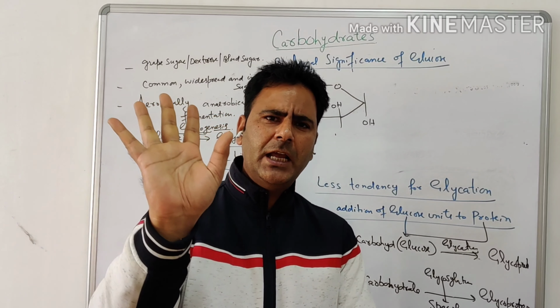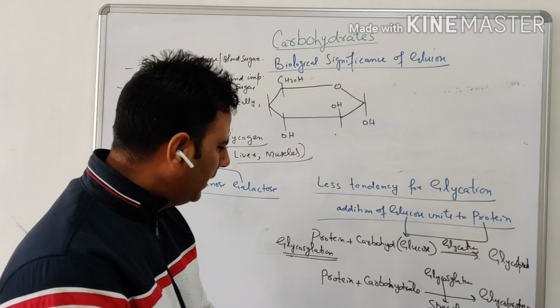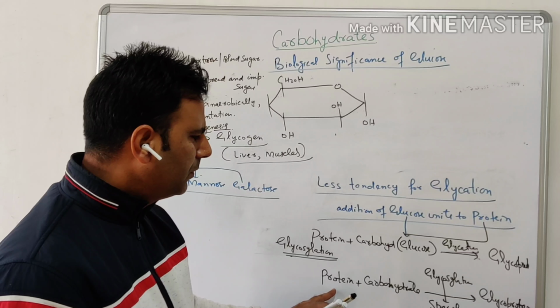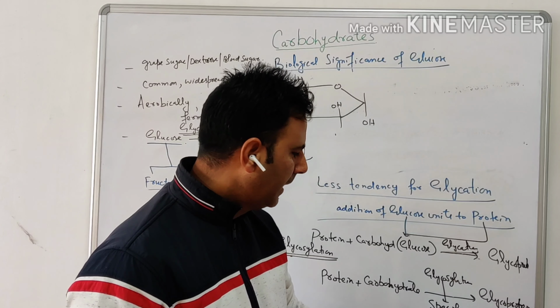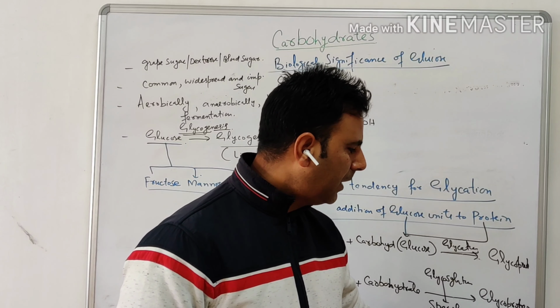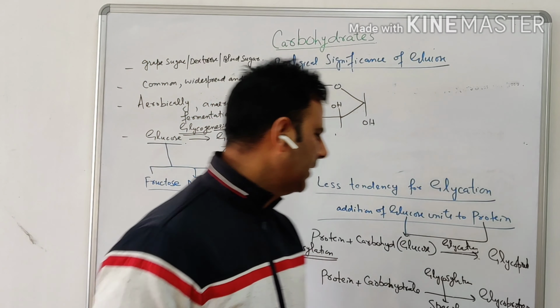We'll fail to regulate if we do not have glycoproteins in our body. So the addition of carbohydrate residues to the proteins in a specific manner, where there is requirement of energy, and where there is formation of glycoproteins which are extremely important for our body, is known as glycosylation.